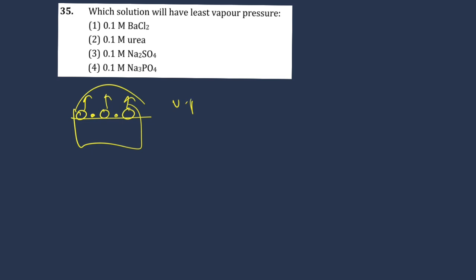So vapor pressure decreases when solute particles increase. In the first one, concentration is the same, barium chloride, how many particles? Barium 1 and chlorine 2, 3 particles. Urea 1 particle. Na2SO4 3 particles. Na3PO4 4 particles. Therefore the fourth option is correct.